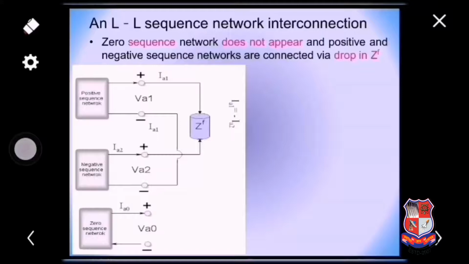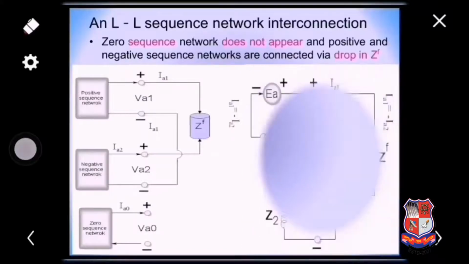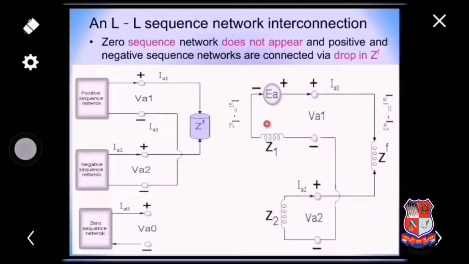Now in terms of the equivalent circuit interconnections, positive sequence network is having a source and Z1, a negative sequence network won't be having any source but only Z2, and this is via ZF. Now this interconnection represents a simple loop having one source and three impedances Z1, Z2 and ZF in series.